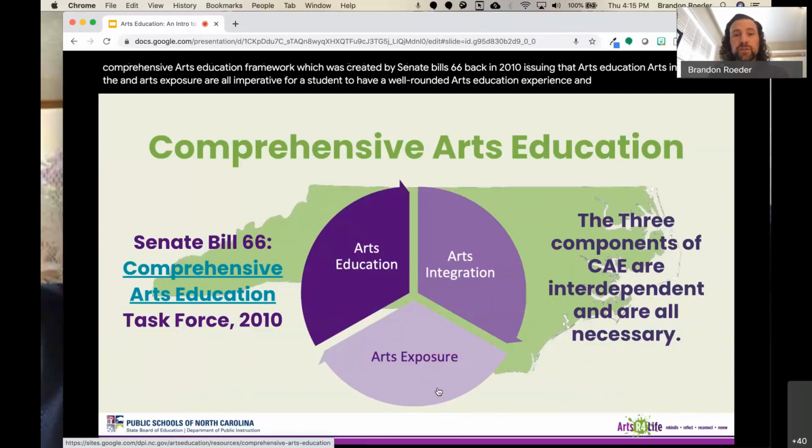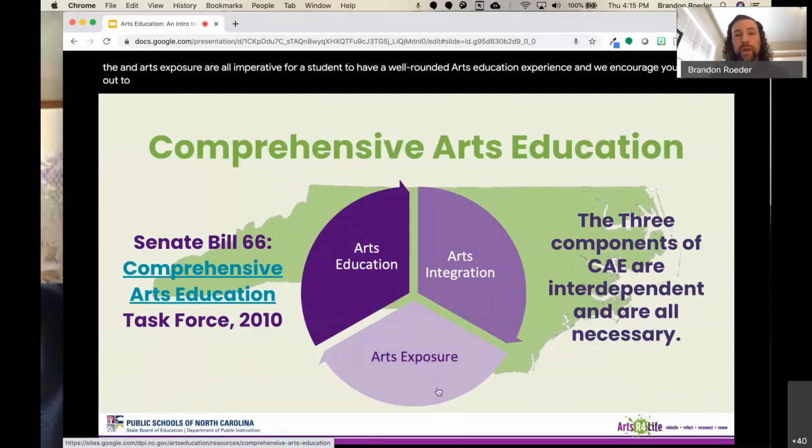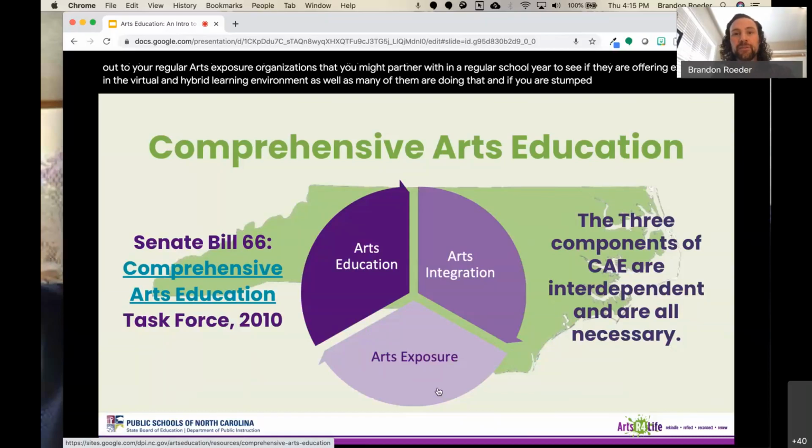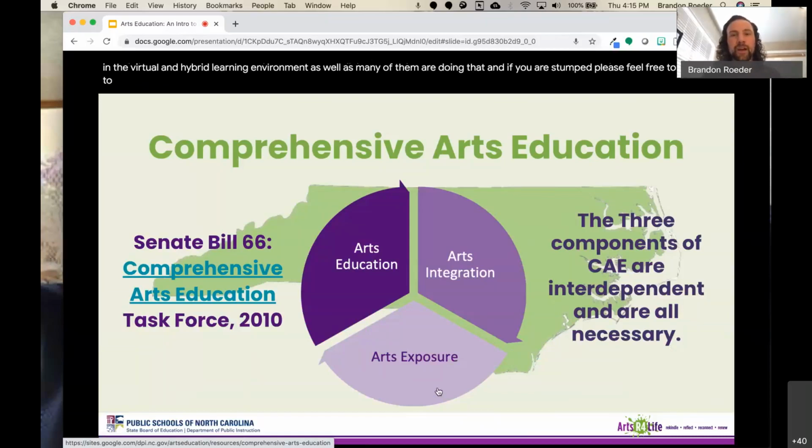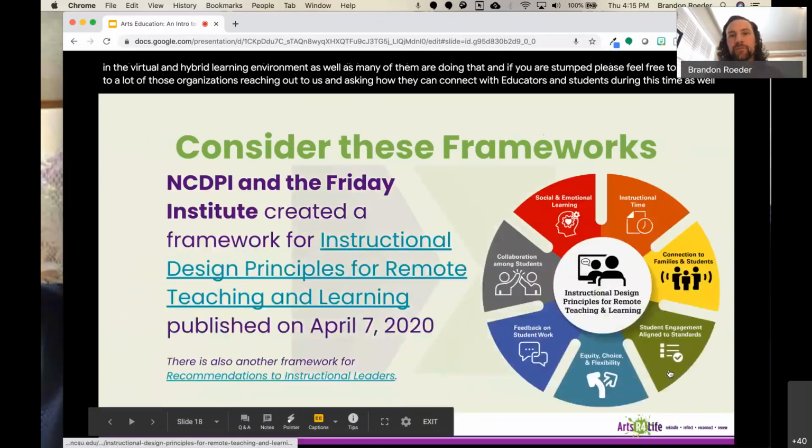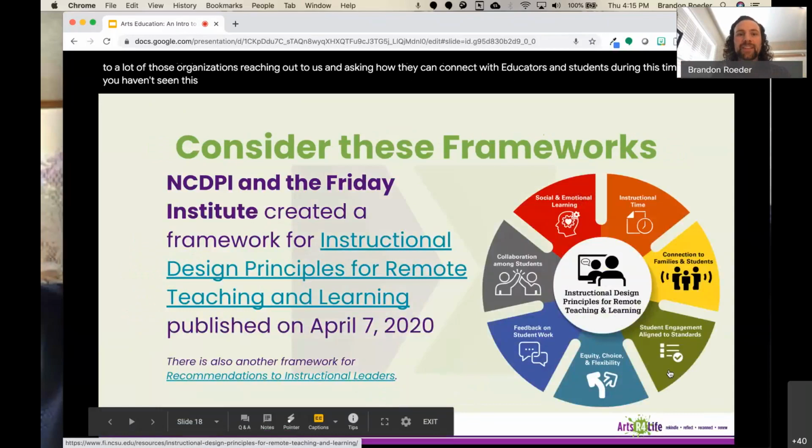And we encourage you to reach out to your regular arts exposure organizations that you might partner with in a regular school year to see if they are offering experiences in the virtual and hybrid learning environment as well, as many of them are doing that. And if you are stumped, please feel free to reach out to Sayward and I, because we have a lot of those organizations reaching out to us and asking how they can connect with educators and students during this time as well.